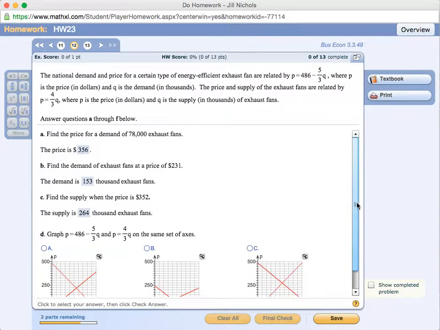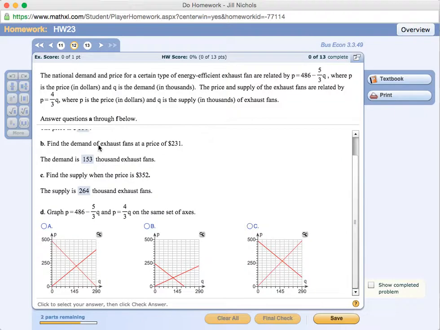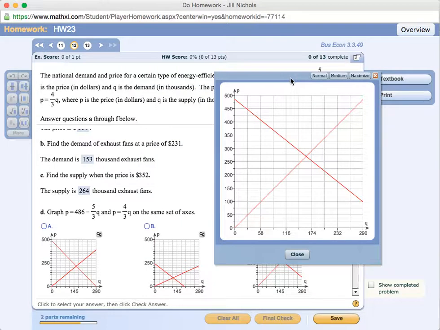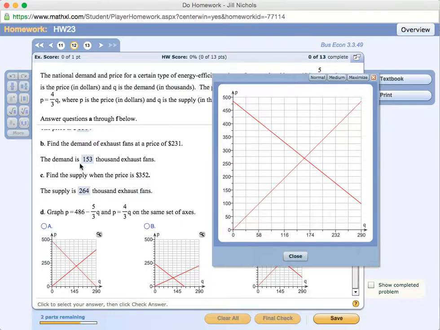Let's look at one more point to make sure that it is in fact C. Same thing, demand function. When price is 231, demand should be 153. Well, this is kind of hard to count. Let's make this one bigger. So when demand is 153, that's going to be somewhere in here.